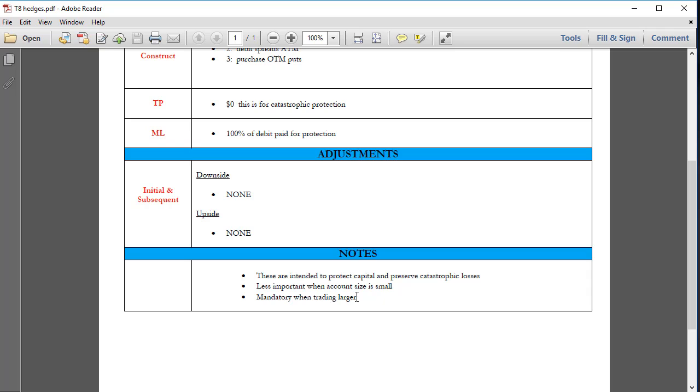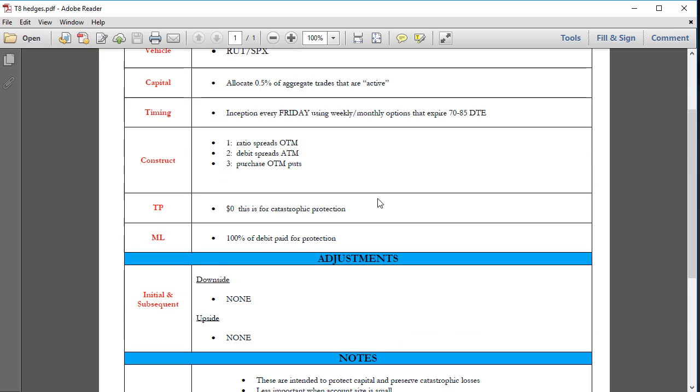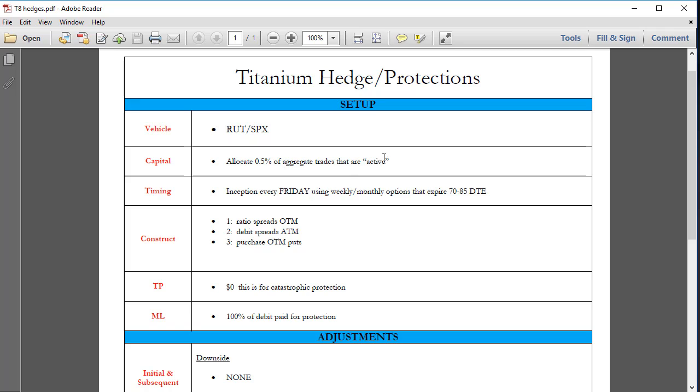But notice, you're going to absolutely trade a $4,000 account much differently than a $400,000 account. And my belief is that the smaller accounts, you don't really need to worry so much about the hedges. Larger accounts, you do. So if you have the larger accounts, well, there are many different ways to use those hedges.